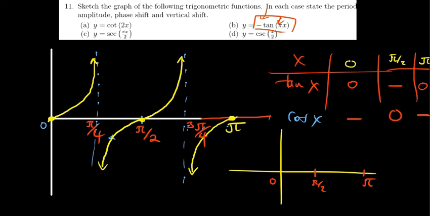We know that 0 is where the graph is there. So we expect the graph to come out like this, right? Because pi over 2 is an asymptote in the tangent function. Again, pi is a 0 point. Of course, the next asymptote will be 3 pi over 2. So the graph here is also expected to be something like this. This is what we are expecting and noticing there.